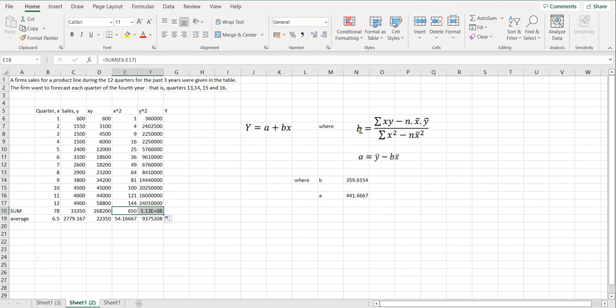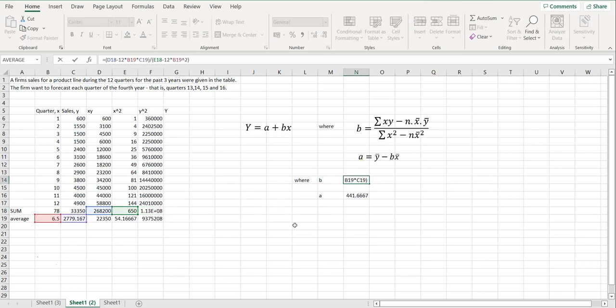The value of b is given by this formula: b is equivalent to the summation of xy minus n times x mean times y mean, divided by the summation of x squared minus n times x mean squared.